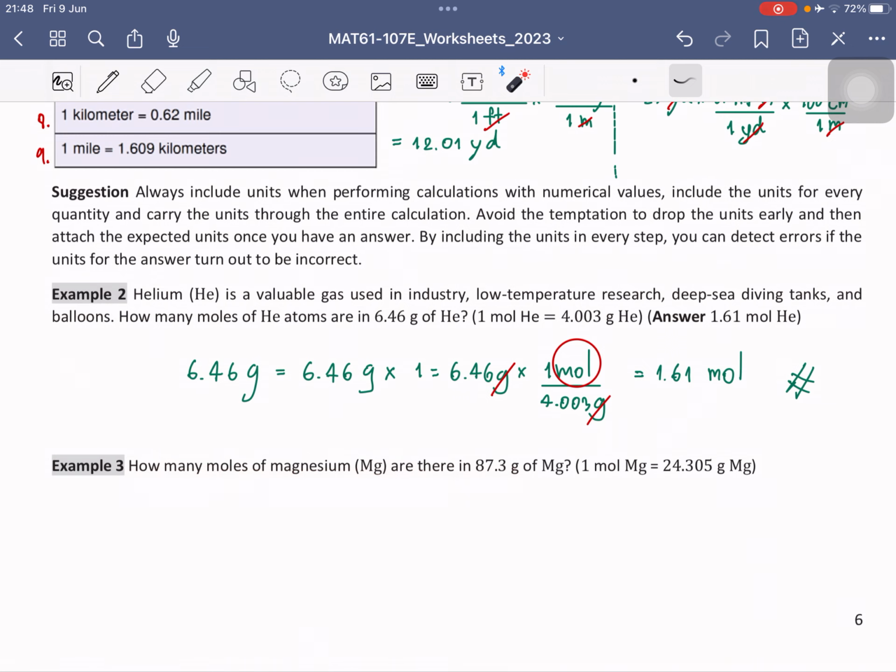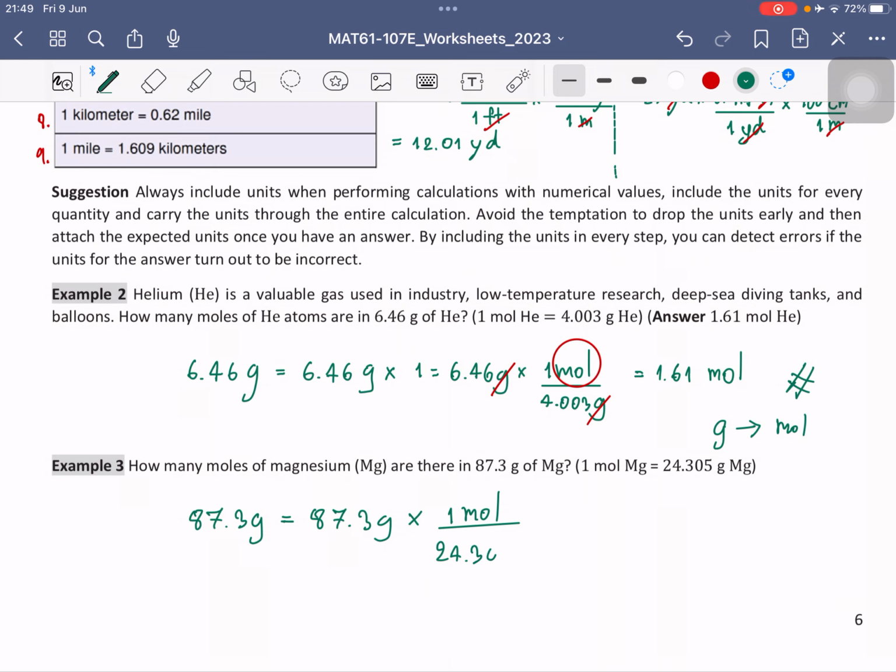At first you have 87.3 grams, and then 87.3 gram times 1 mole is equal to 24.305 grams.